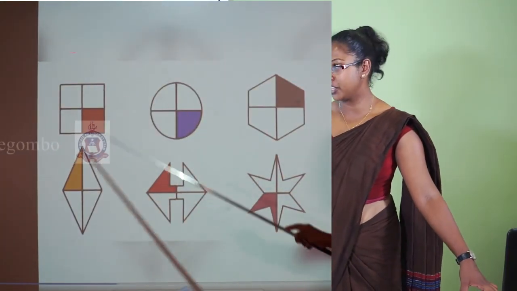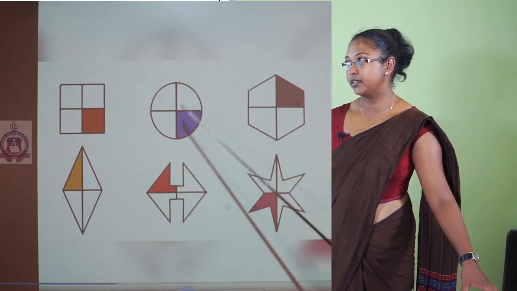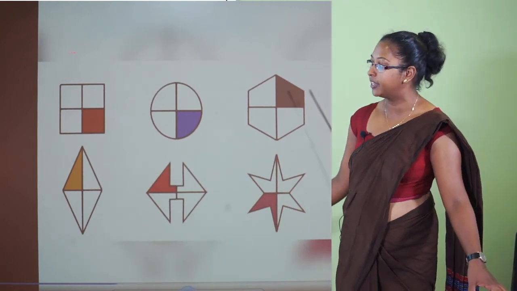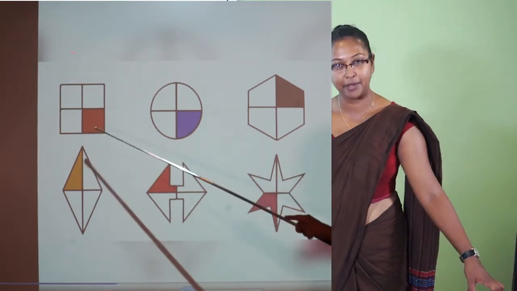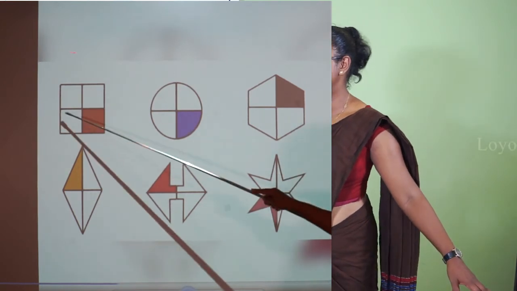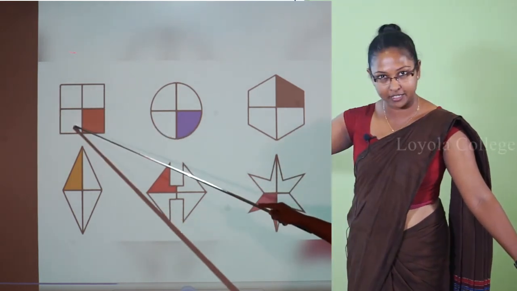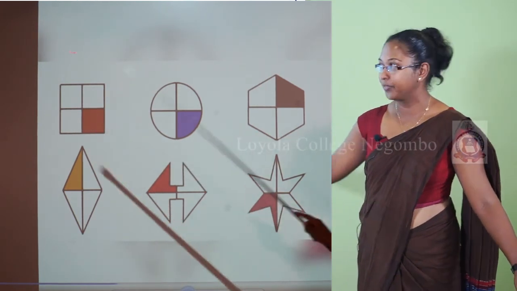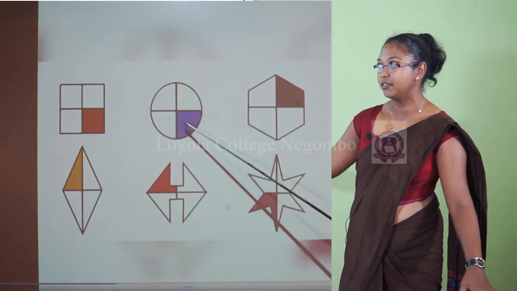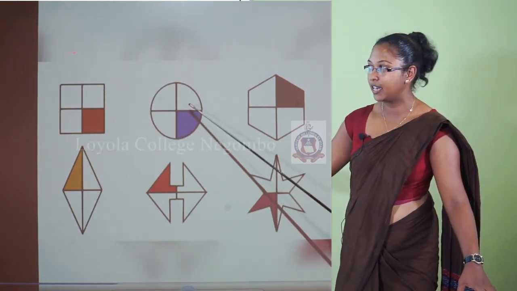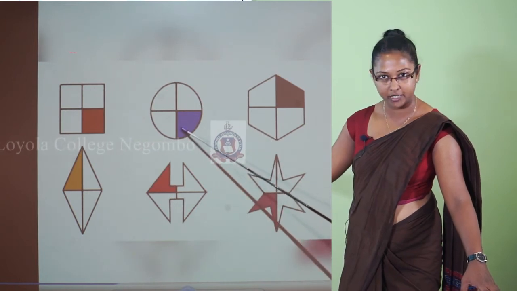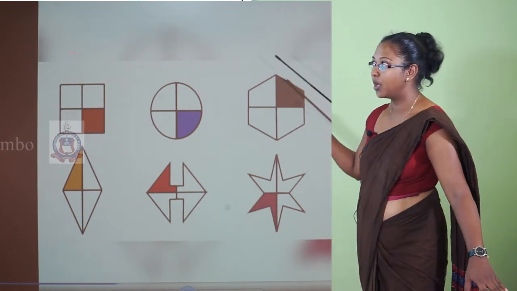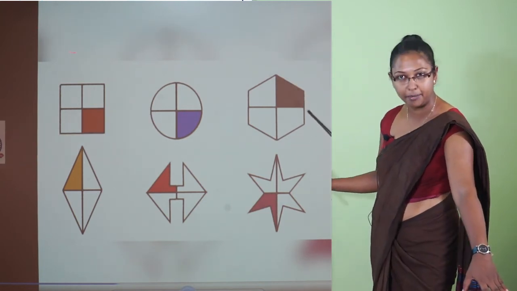Right. Now here are some shapes, and they are divided into 4 parts and 1 part is colored. Let's see whether they are similar. Okay, it's been cut into 4 equal parts, isn't it, Pute? Yes. So this 1 part is called a quarter. And here the circle is also divided into 4 parts, and here one is called a quarter. Before you find a quarter, Pute, you have to divide the shape into 4 similar parts.